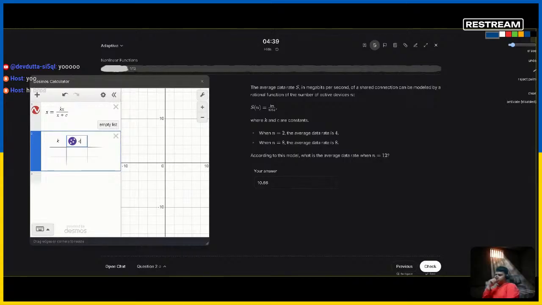No, you can't do that because n is an exponent. But then what's this? It has to be... it can't be chaos.